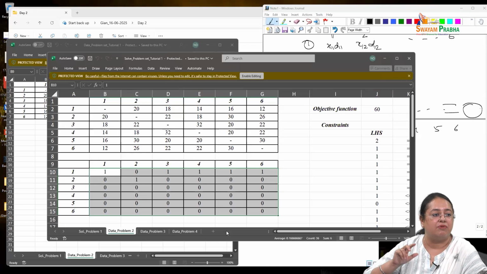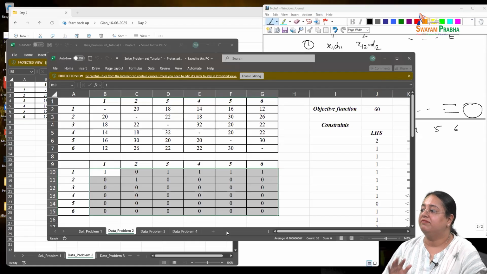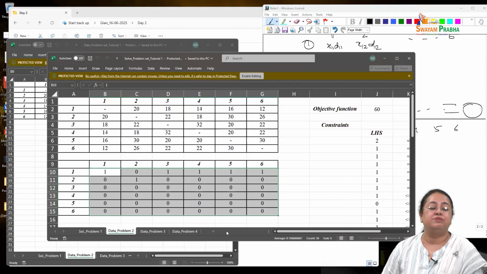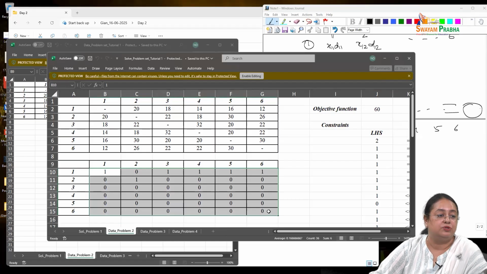So xij, xjj, these are all our decision variables. Which xij is 1, which xij is 0, which xjj is 1, which xjj is 0. This we want to determine. That's why right now you put 0 to start with.